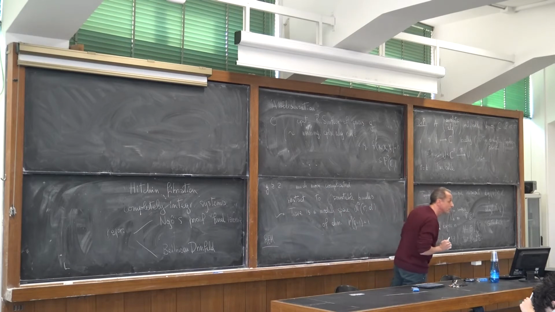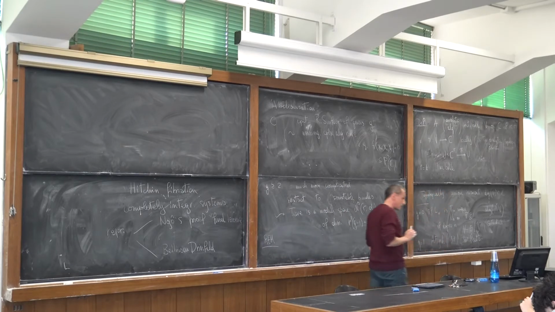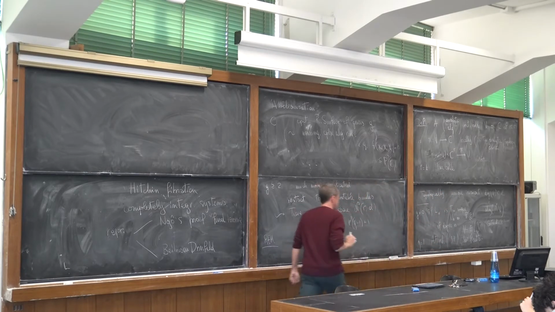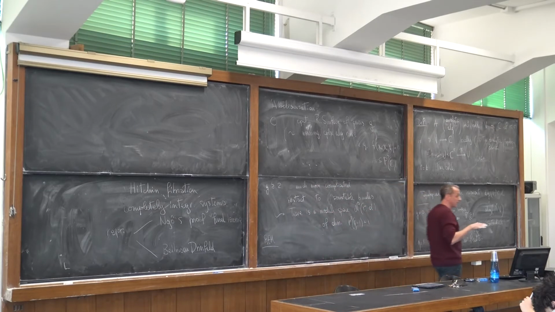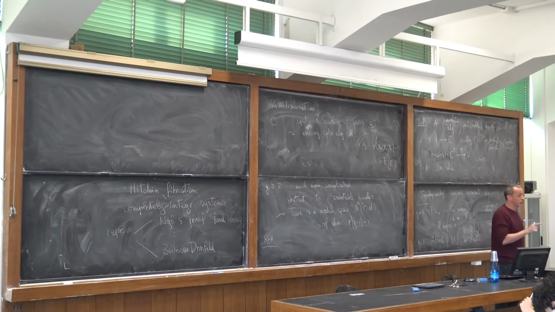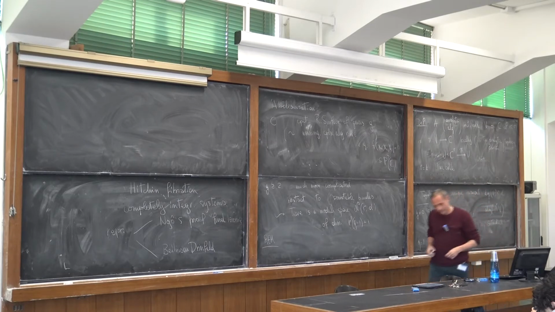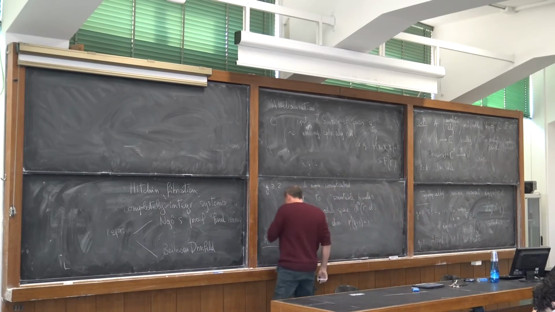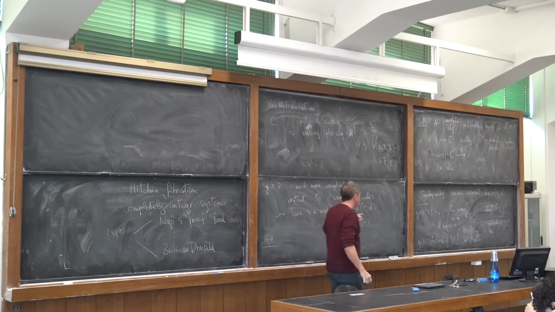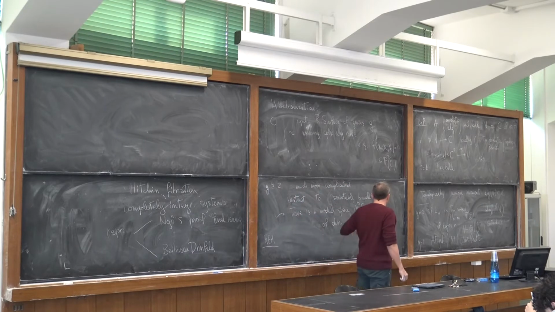Yes, because the tangent space is H^1 of endomorphisms of E, so in the endomorphisms the degrees cancel. I mean, E times E dual, so the degrees cancel. What is not independent of the degree is whether this space is singular or not.